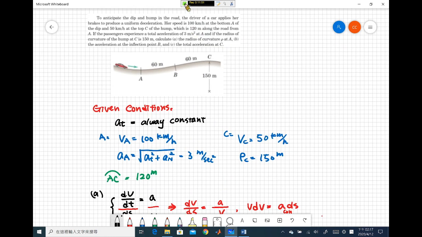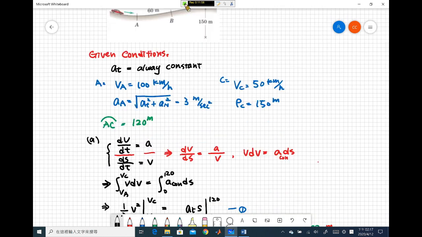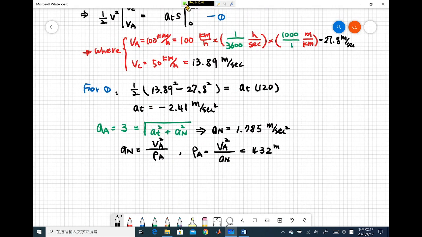The second question is that we want to determine the acceleration at the inflection point B. Inflection means the curvature will be 0.